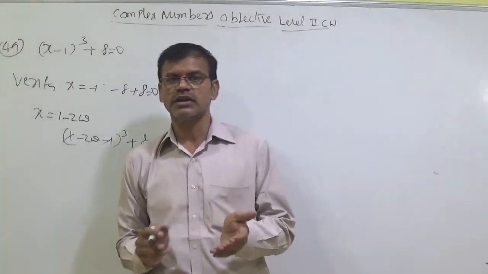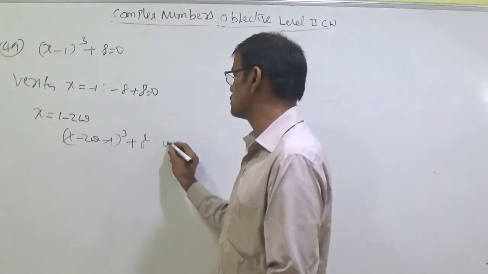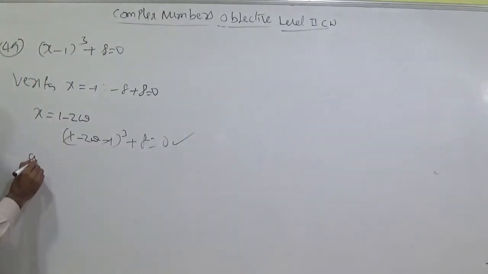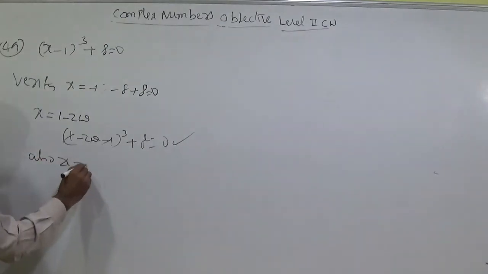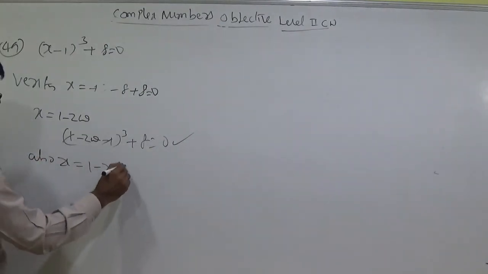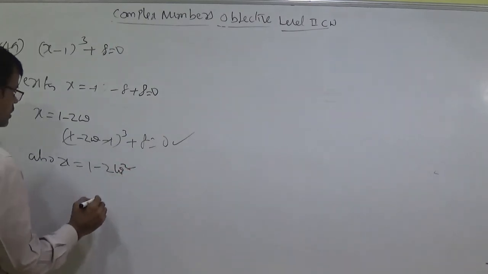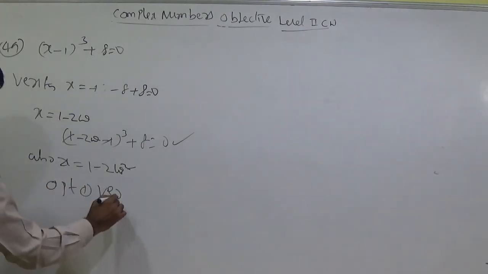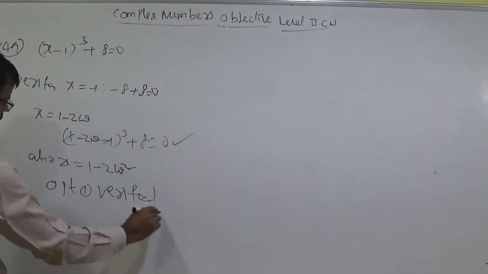Minus 2 cube becomes minus 8, minus 8 into 1 plus 8 is 0. So 1 minus 2 omega is a root. In a similar way, x is equal to 1 minus 2 omega square also. Option 1 verified.